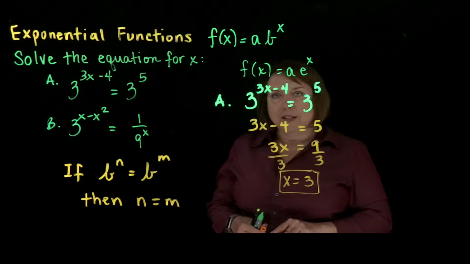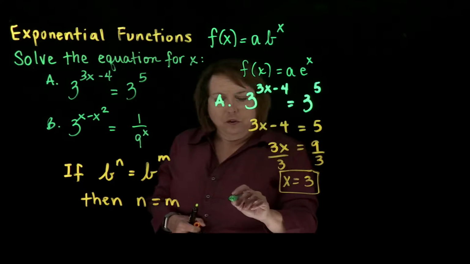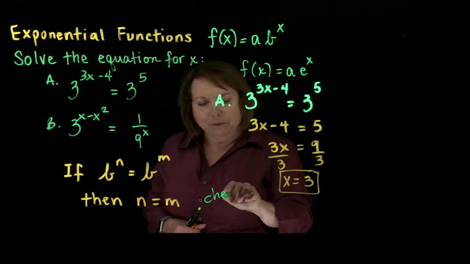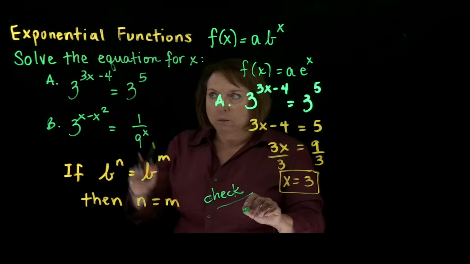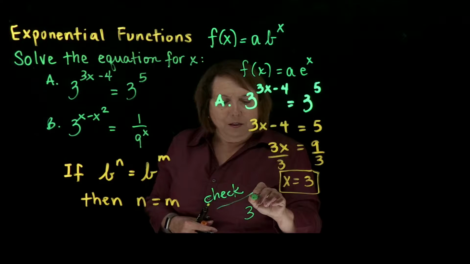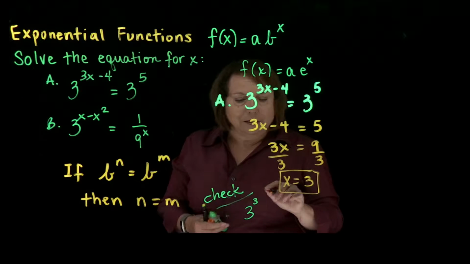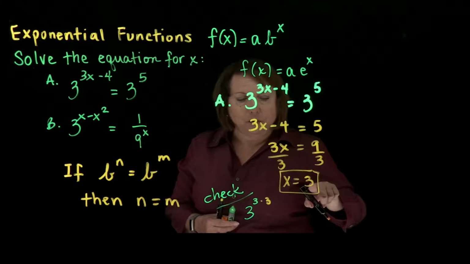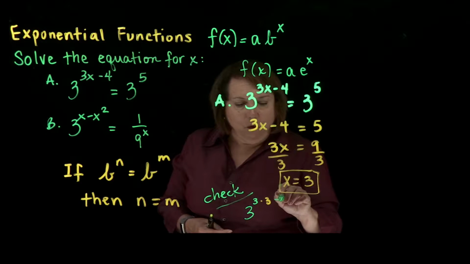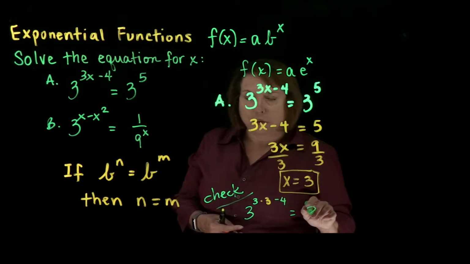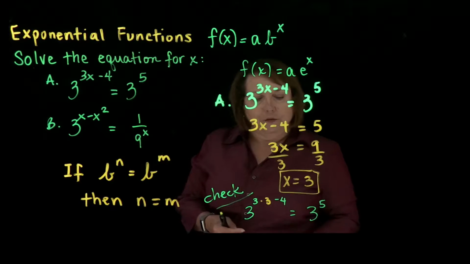And let's see how it looks in the function, kind of like a check here. I'm going to go back to my original function, 3 to the 3 times x. I'm going to multiply it by my answer, 3, now we know x is 3, minus 4 is equal to 3 to the 5th power. Let's see if that's true.